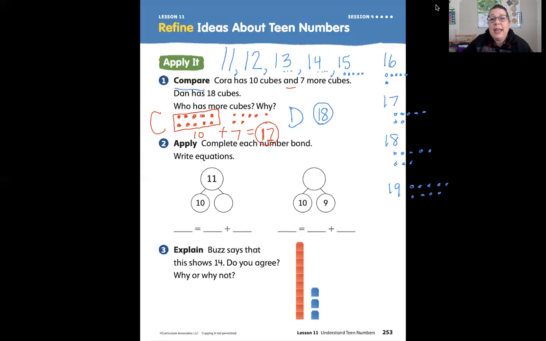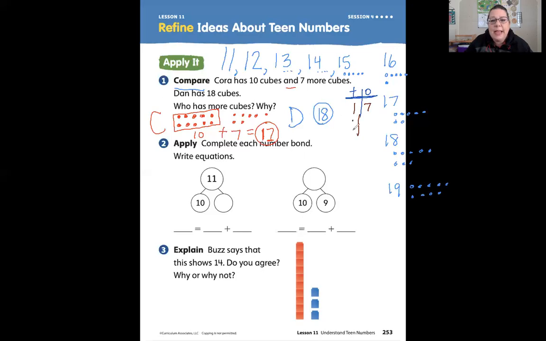If we make a T graph, I'm going to make a T graph right here. First you make a T, then you make an O. 2 is written with a T and then an O. I can write what Cora has, 17, and I can put 17 in my T graph, right?